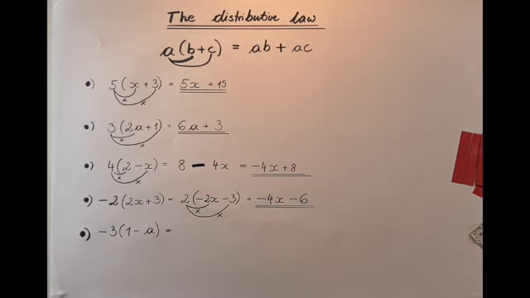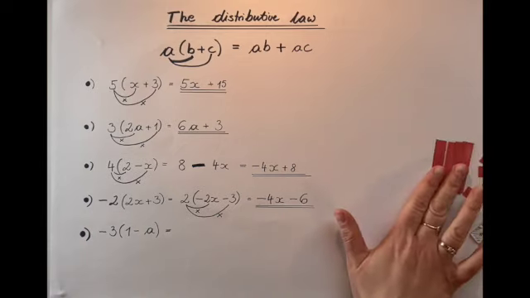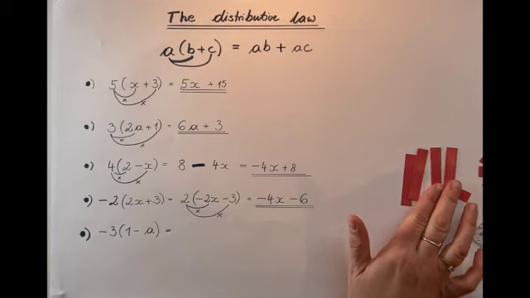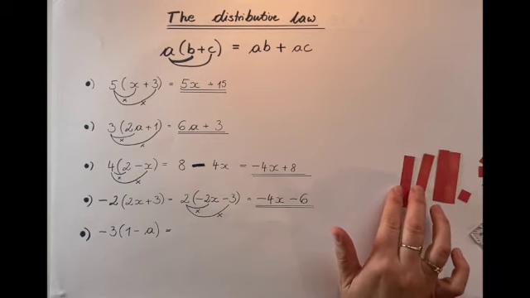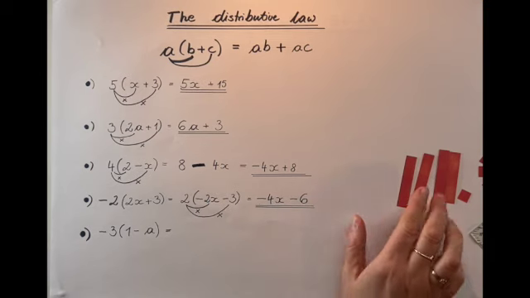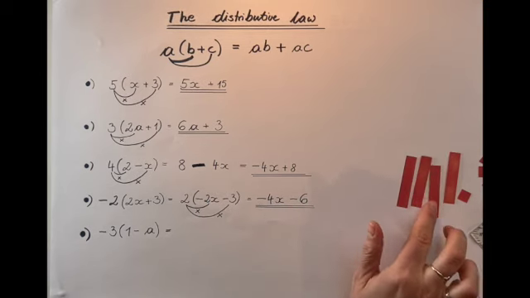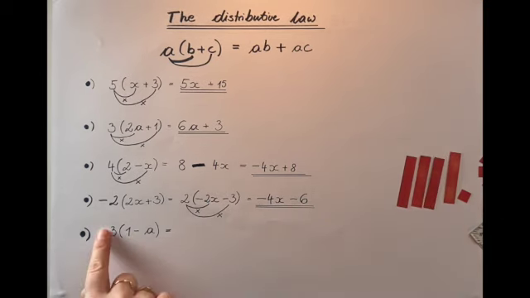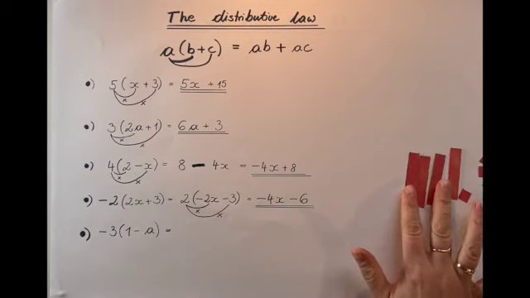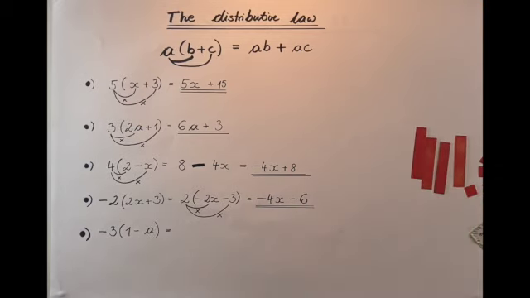I would suggest that you pause the video now to try this on your own and come back once you have found a solution to see if you went correctly. Try to use algebra tiles to solve this though, yeah? So I'm assuming that you have paused the video and that you've tried to solve this problem and that you're back to see how to do it and if you did it correctly.